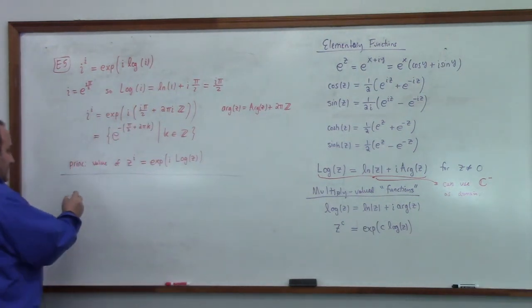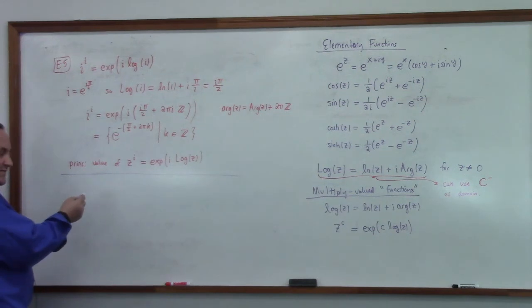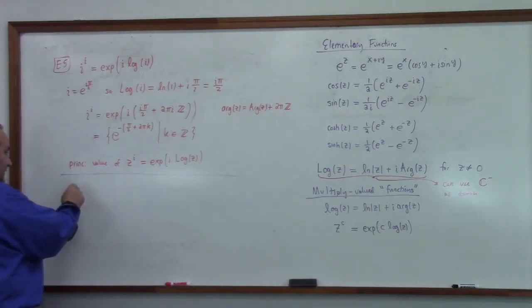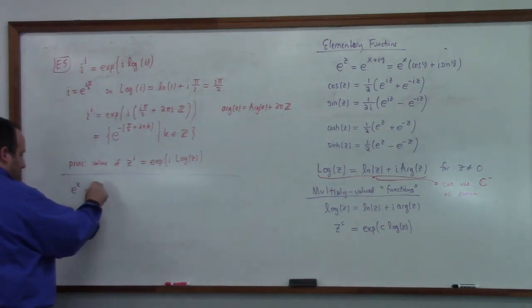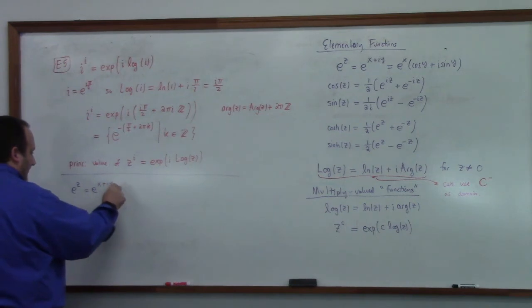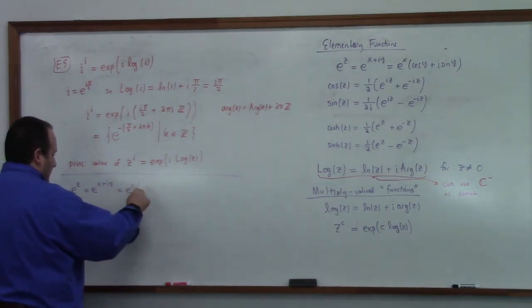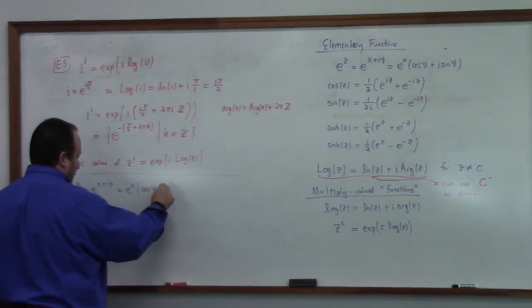Let's talk about how e to the z maps. So we have e to the z, right? is equal to e to the x plus iy, which is equal to e to the x times cosine y plus I sine y, right?